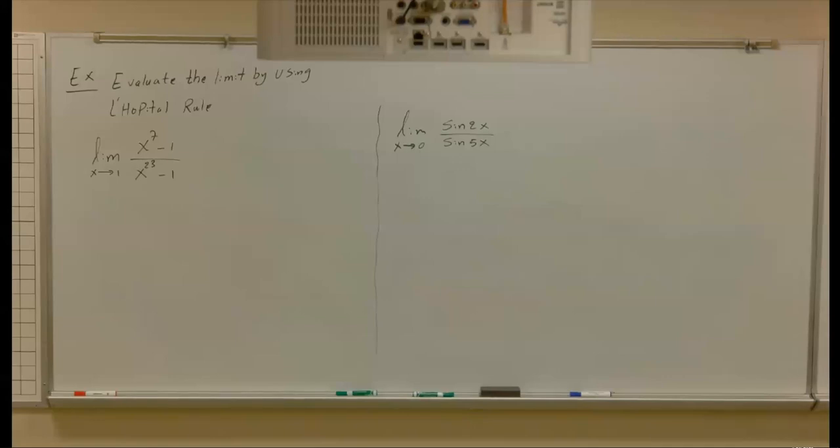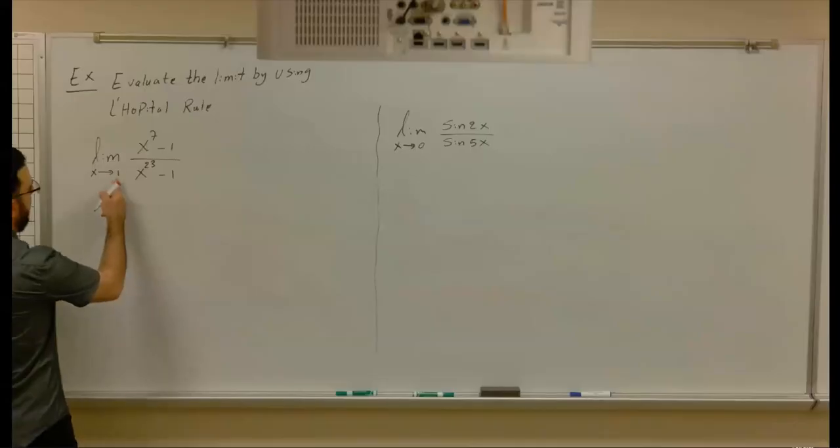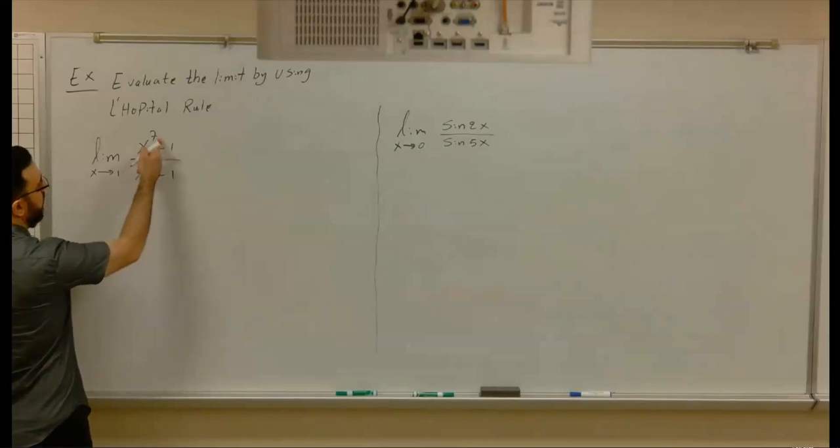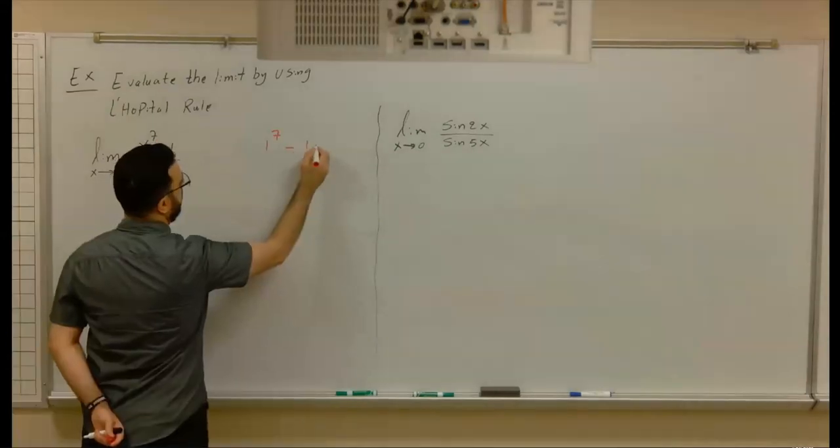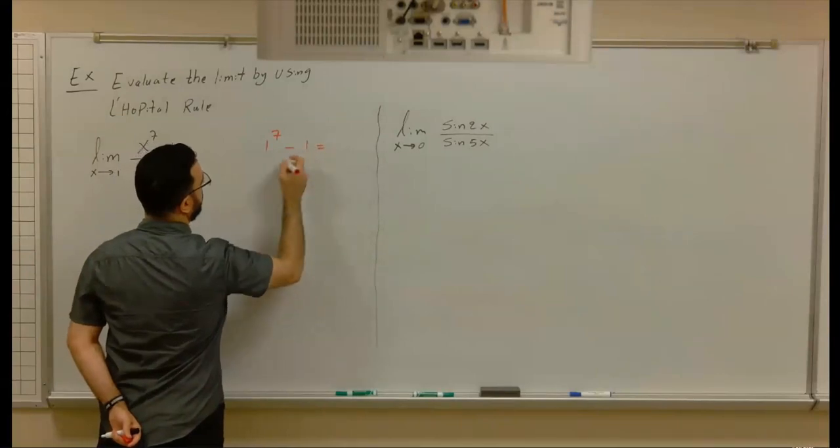Evaluate the limit by using L'Hopital's rule. Again, before I start, I'm going to check. If I plug in 1 here, it's going to be 1 to the power 7 minus 1, which equals 0.